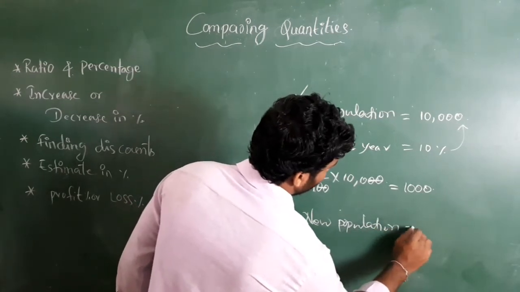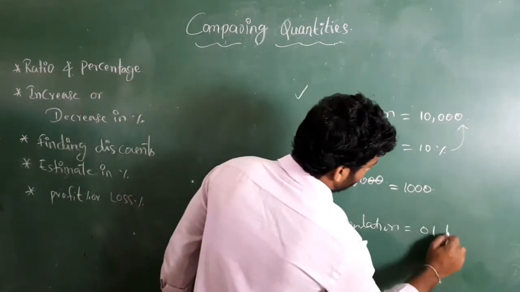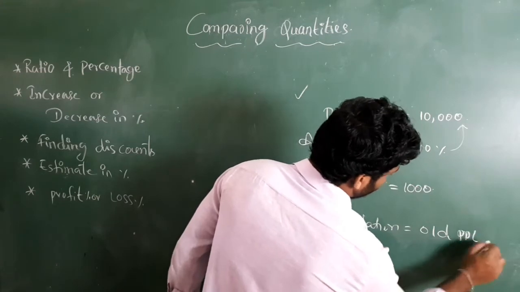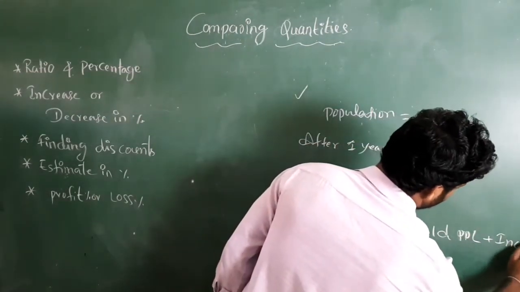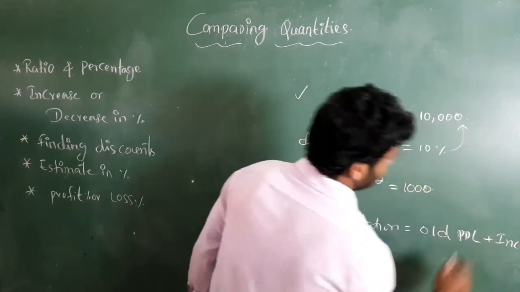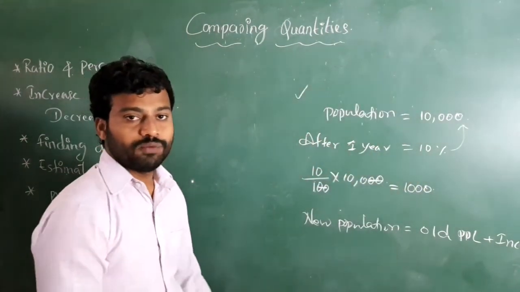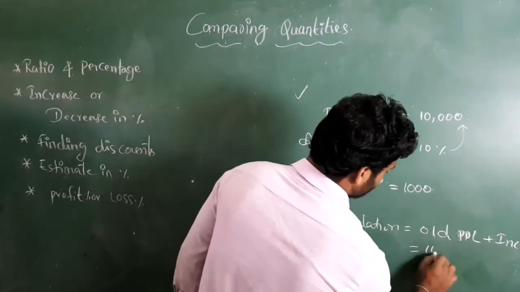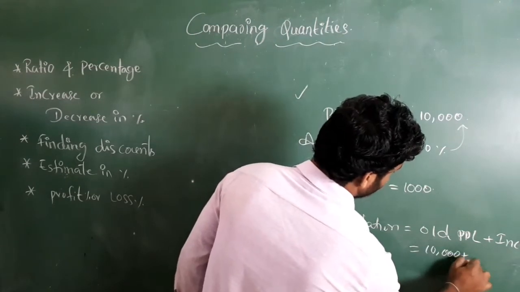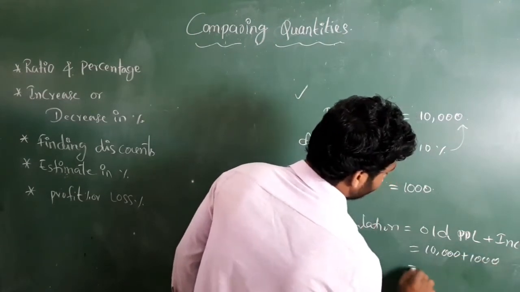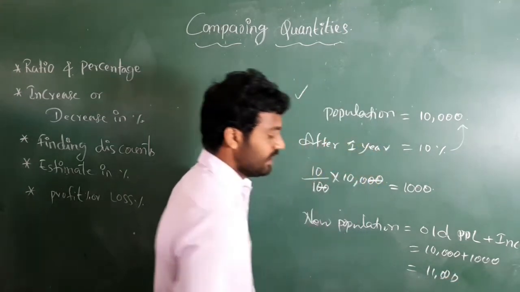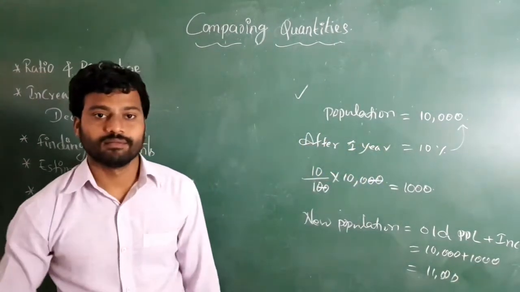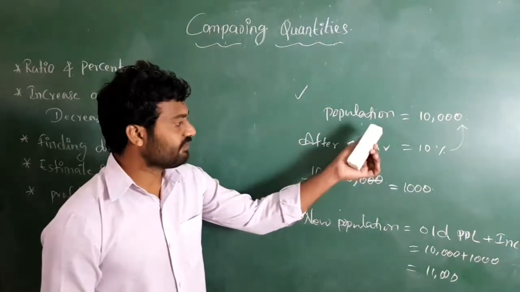The new population will be the old population plus the increased population. Both we should add. Last year's is 10,000. What is increasing? 1,000. So the total will be 11,000.